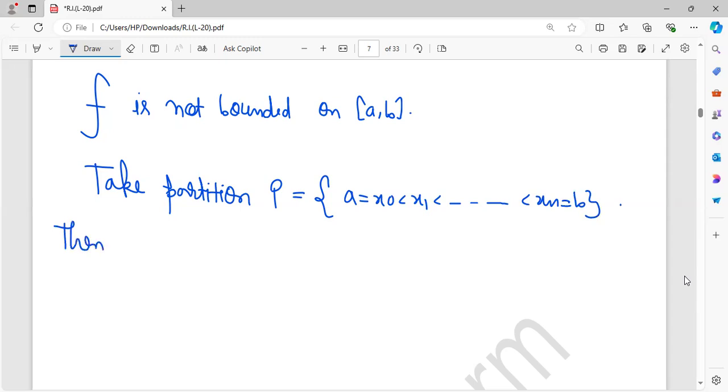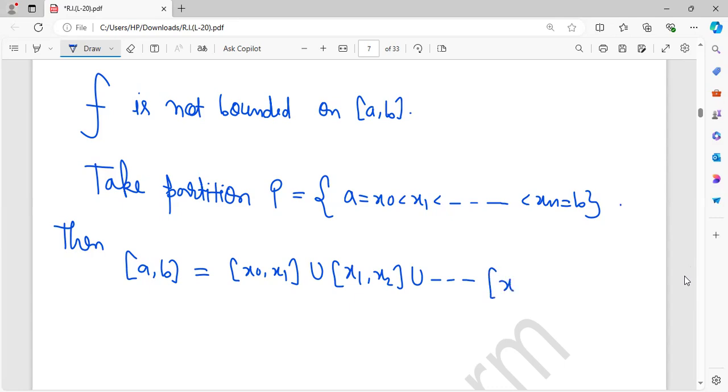Then AB is nothing but the union of [x0, x1] union [x1, x2] union ... [xk-1, xk] and so on, then [xn-1, xn].